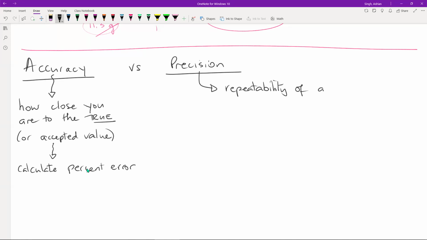of a measurement. Okay, and this then is going to be influenced by the instrument, the measuring instrument that's used. And this is where the whole idea of sig figs is going to come in.